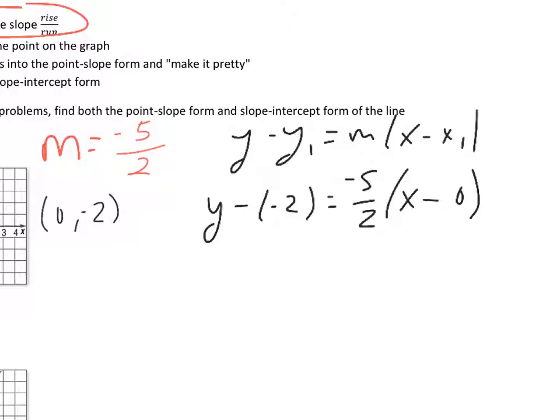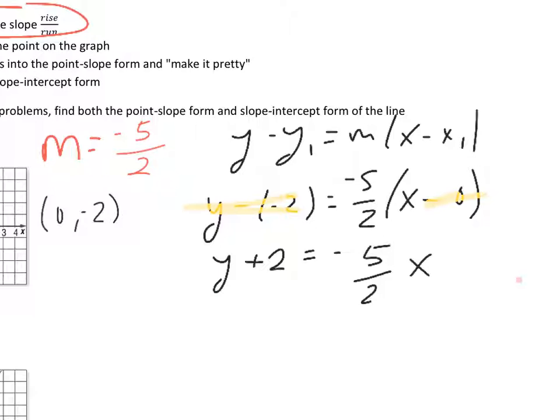It says make it pretty, so let's see. This is not pretty. So I'm going to clean those up. So y plus 2 equals negative 5 over 2 x minus 0 is x.